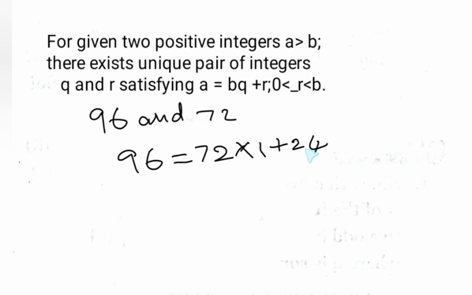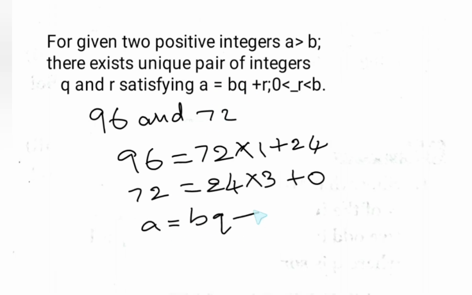Again the remainder is not 0, we should continue the same. 72 is equal to 24 into 3 times plus remainder 0. So now it is in the form of a equal to bq plus r, r is 0, a is 72, and b equal to 24.